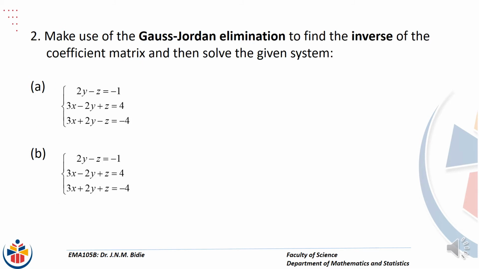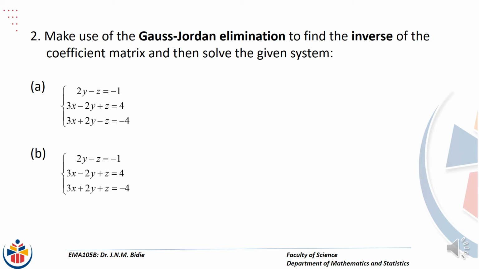And then the next one, we are asked to use the Gauss-Jordan elimination to find the inverse of the coefficient matrix and then solve the system. So please go through the steps that we've already expounded on.